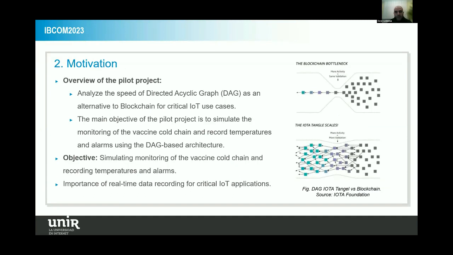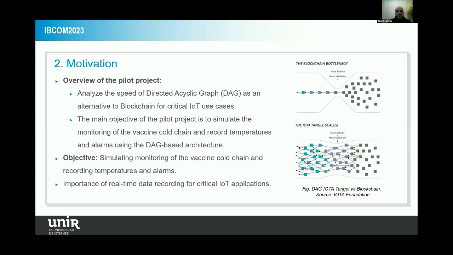Regarding the motivation, the overview of the pilot project focuses on analyzing the speed of the DAG, the Directed Acyclic Graph, architecture as an alternative to blockchain for critical use cases. The main goal in this pilot is to simulate the monitoring of the vaccine cold chain and record temperatures and alarms using the DAG architecture.